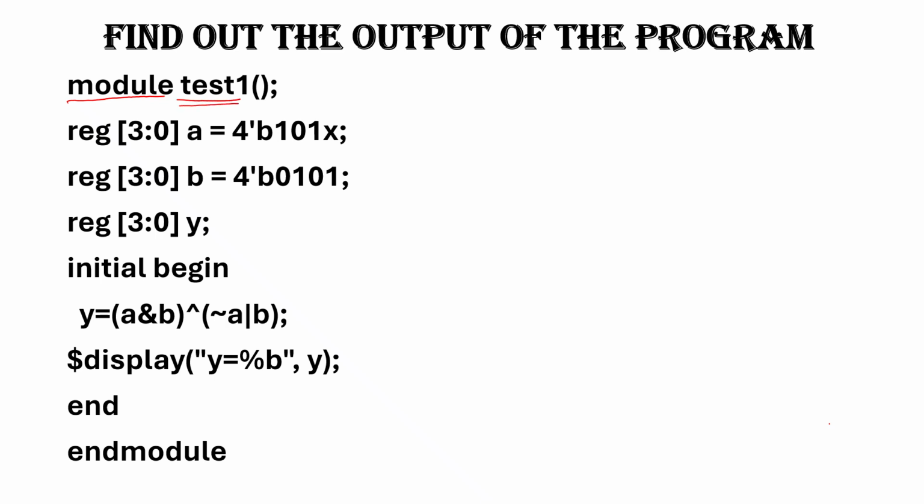Here we have two variables, A and B. These two variables consist of 4-bit values. Let me represent A as 3 down to 0. B is also a 4-bit value, so let me represent it in array format 3 down to 0. Reg is the data type. A is the reg data type, 3 down to 0 A.